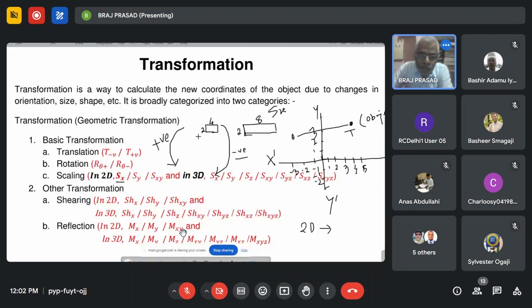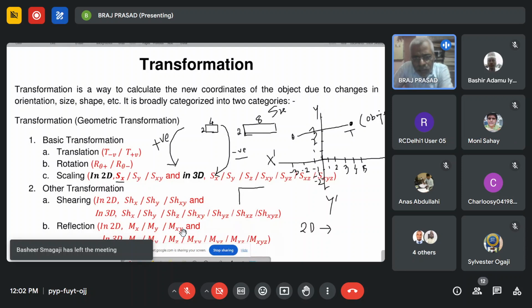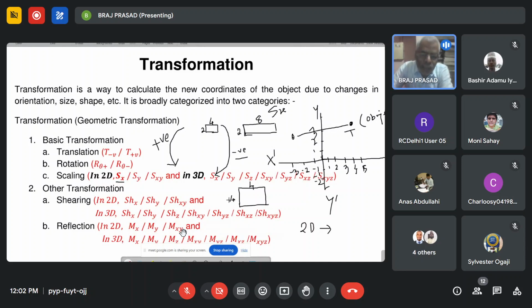And if we double the size of the width, then this object will look like this. The width becomes 4 and the length is the same. So in this case, the width is changed, so the y value is increased.